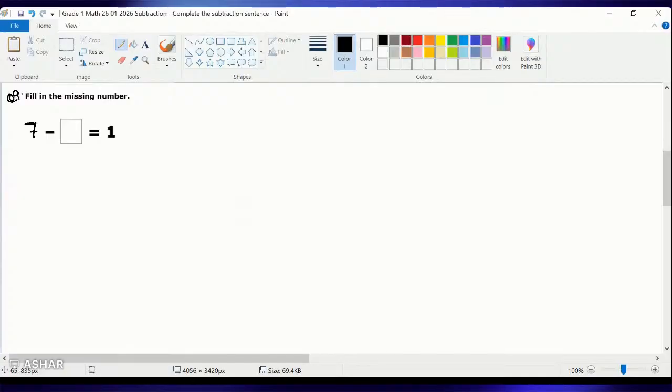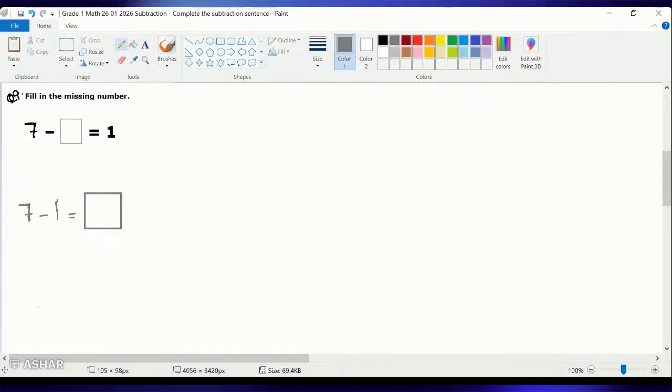The easiest way to do this question is we can open 7 fingers, we close 1. How many are left? Should be equal to the same answer.